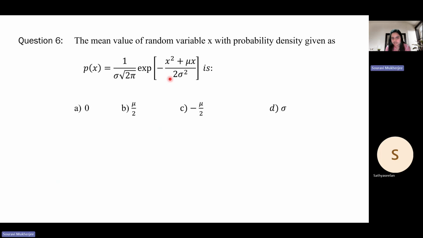See, I don't want you to solve the integration. That's the reason I have put the question here. Because if we try solving it, it will take a lot of time. It's not necessary.